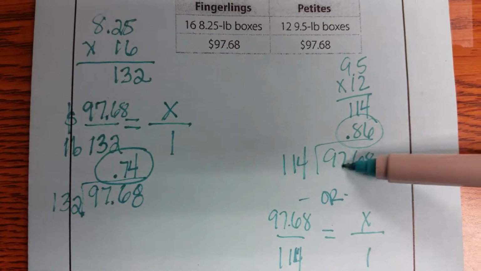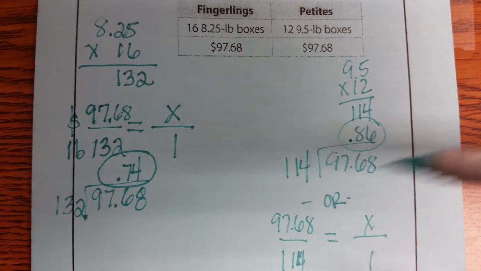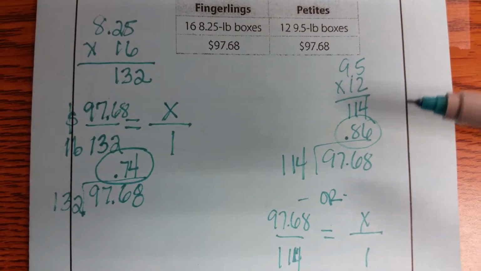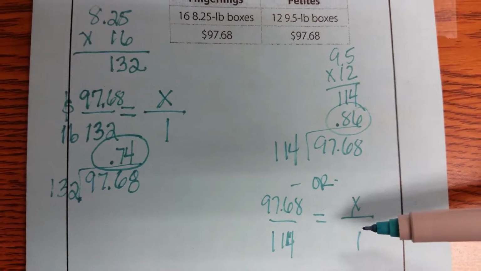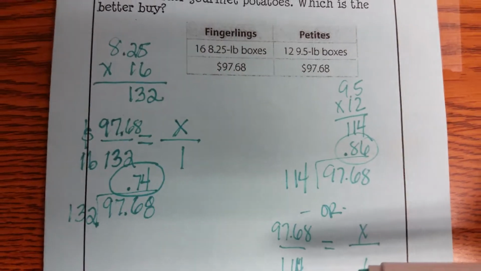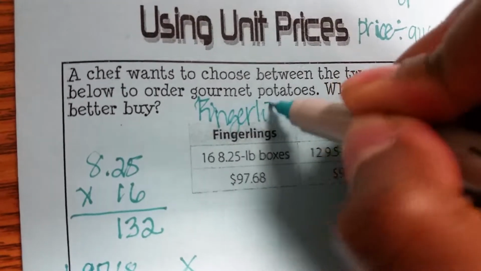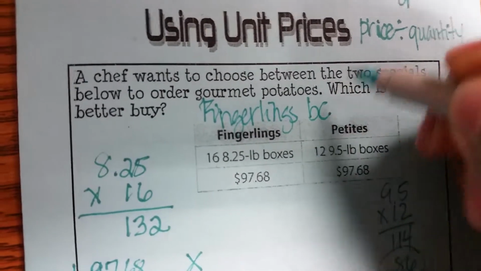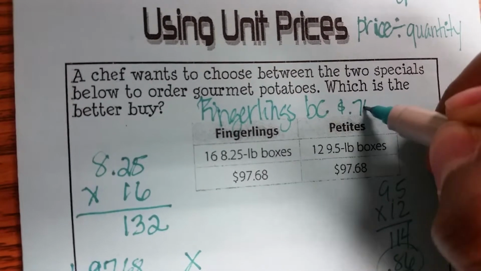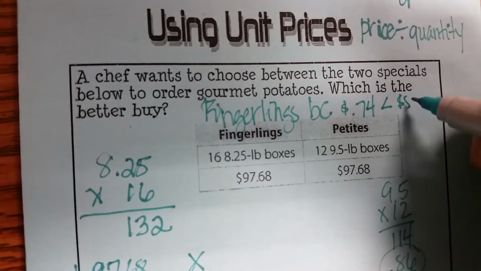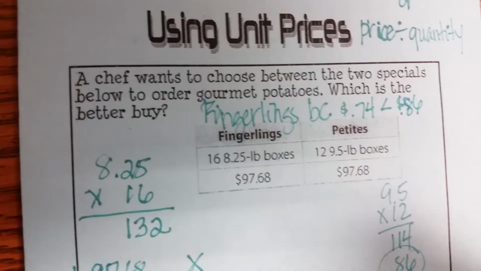You would take the price and divide it by that 114 to get 86 cents. Or you can set it up as a proportion. So which one would have the better buy? It would be fingerlings, because 74 cents is less than 86 cents.